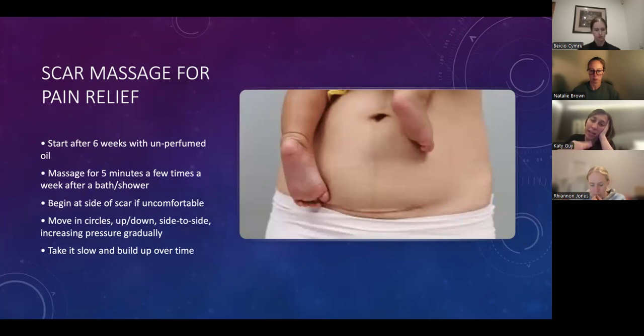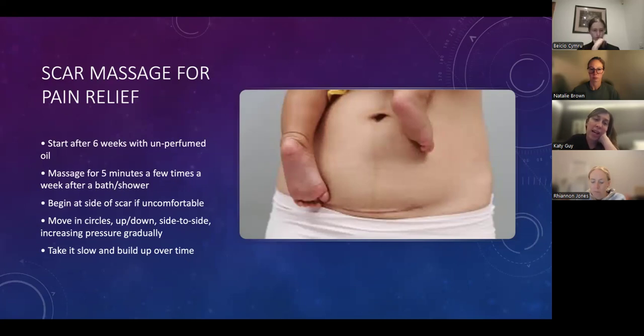So something unperfumed, like bio oil, something like that. Just massage it into the scar area for 5 minutes, a few times a week after you've had a bath or a shower. That's not just a C-section scar. You may find that you've got a perineal scar that needs a little bit of moisturizing oil or massage, particularly if it's quite a prominent scar.